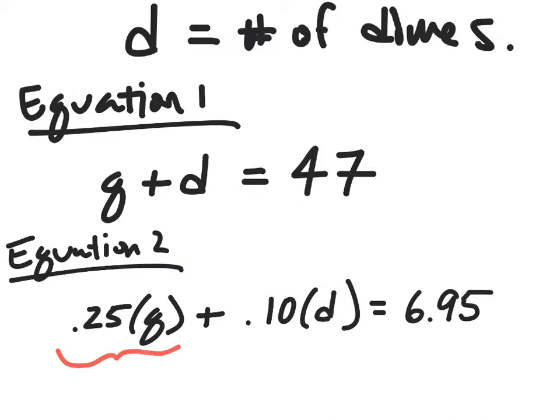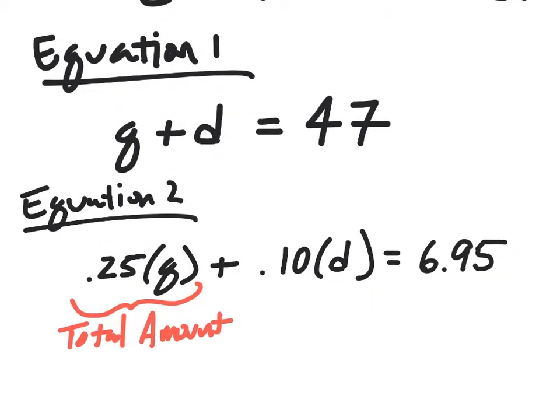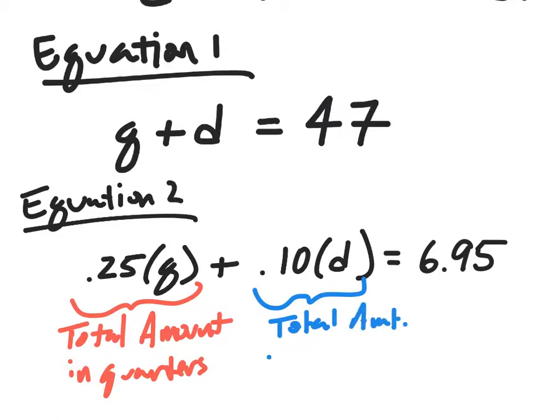The reason I'm doing 0.25 times Q is that this gives us the total amount in quarters. This part over here gives us the total amount in dimes. If I add those together, it gives me $6.95.